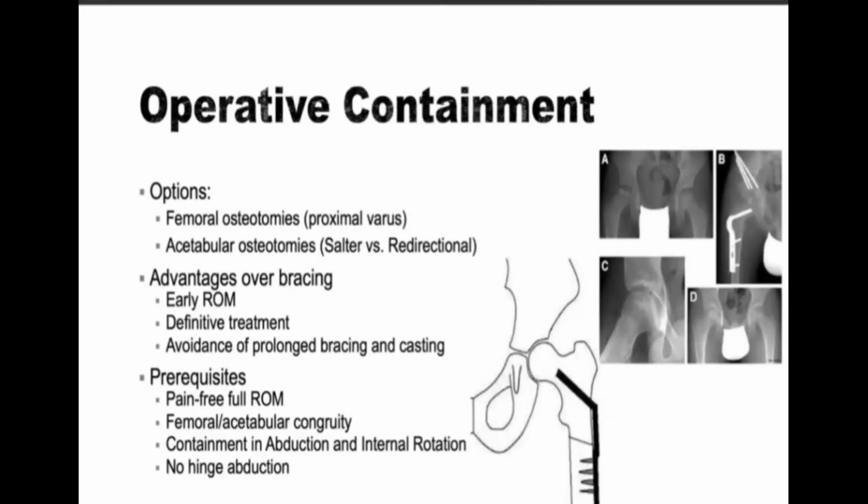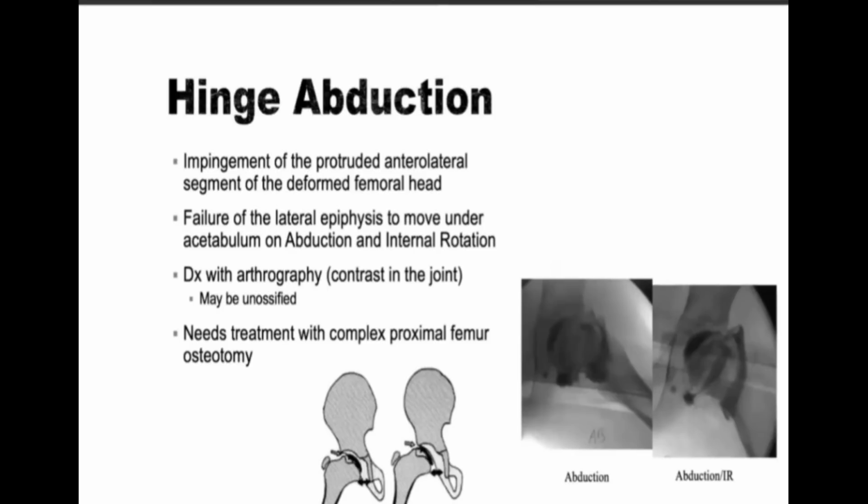The advantage over bracing is that it's definitive, but the disadvantage is that there have been no clear studies that show long-term that it helps preserve those hips. The main indication for operative treatment is this concept of hinge abduction, meaning that as that femoral head is melted and no longer round, as you abduct, you're hinging or almost subluxating that joint.